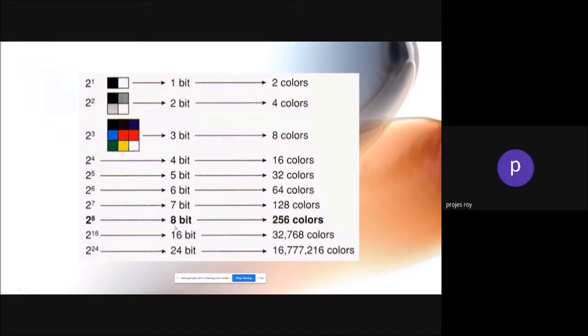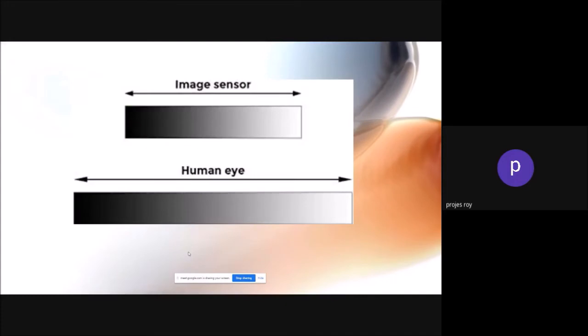We were just taking 8-bit 256 colors, then immediately came 16-bit. Now we have almost 24, 64 bits coming out. 32 bits is also there. So this is the way bits are focused on the color of an image.